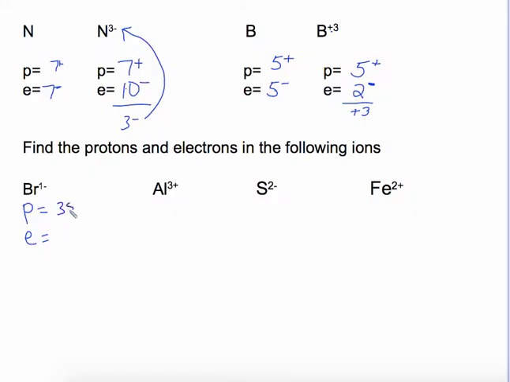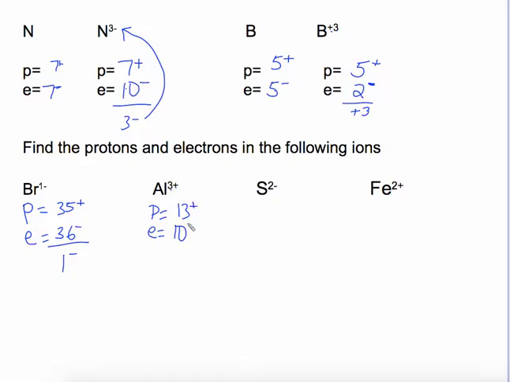Okay, bromine is atomic number 35, and that means it has 35 positive charges. This charge is saying bromine has 1 more negative than positive, so it has 36 negatives for a net of 1 minus. Aluminum: this is the aluminum ion. Aluminum has 13 protons, but it has 3 more positives than negatives.